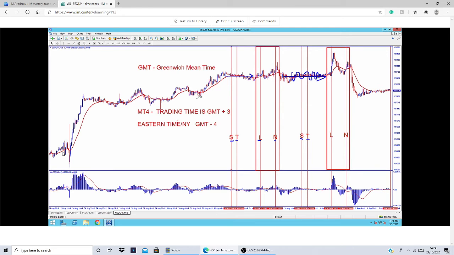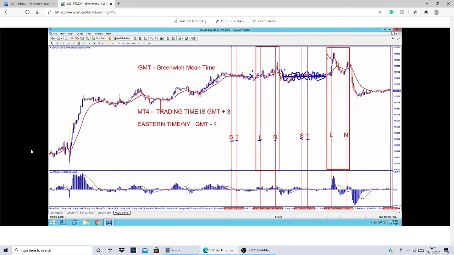Sometimes you have a little bit of a move. Now the New York session ends at 5 p.m., but up until about 9, 10 o'clock Eastern, that's where most volatility is. So 2 a.m. to about 9, 10 o'clock Eastern, right around that zone. Other than that, it's a dead zone.